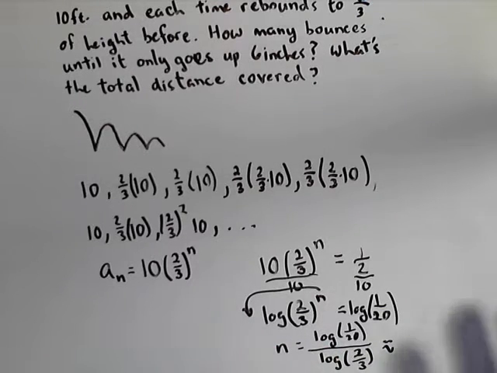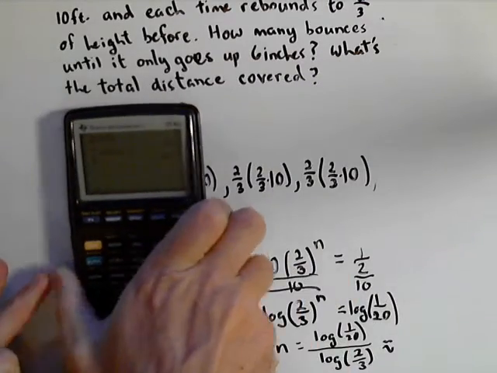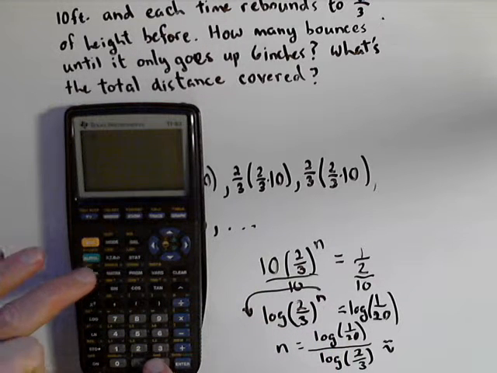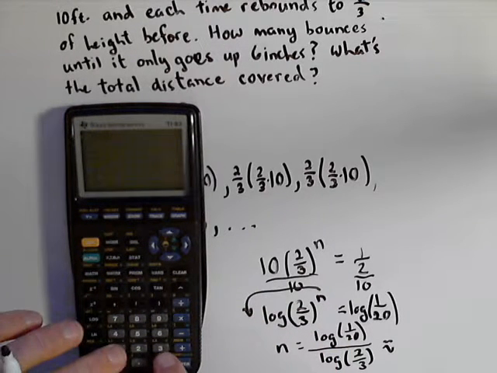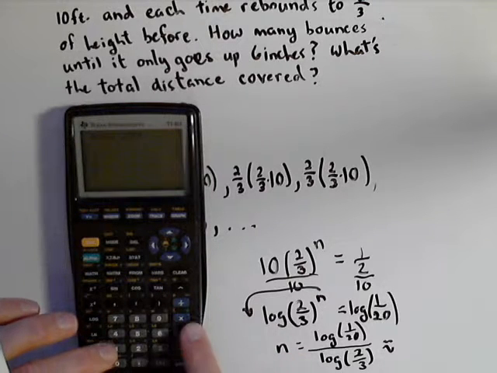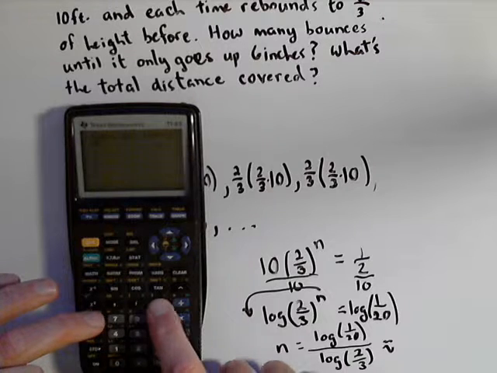Let's see what we get with this. This is something you want to be careful how you put it into your calculator. I know it's not easy to see my calculator, but let's put it up here. Make sure you use the right parentheses. Log of 1 divided by 20, divided by log of 2 divided by 3.